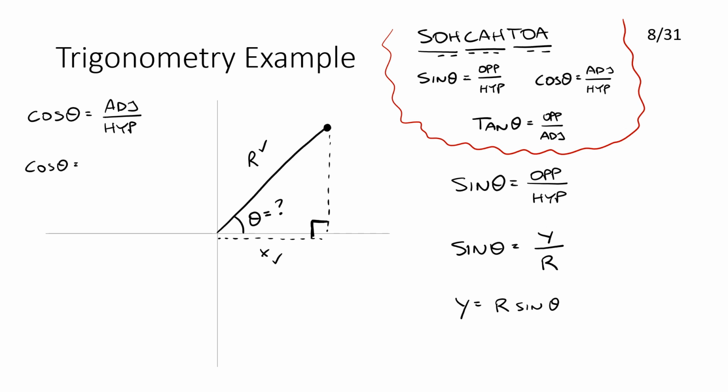Cosine theta is the adjacent side to this angle, x, over the hypotenuse, r. But now you can see we're at a similar spot to that other problem, but now we want to solve for the angle theta. How do we solve for the angle theta right here?